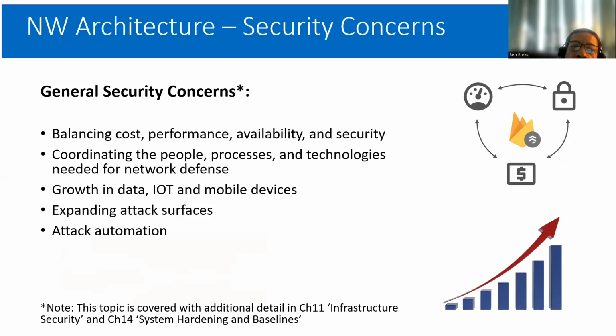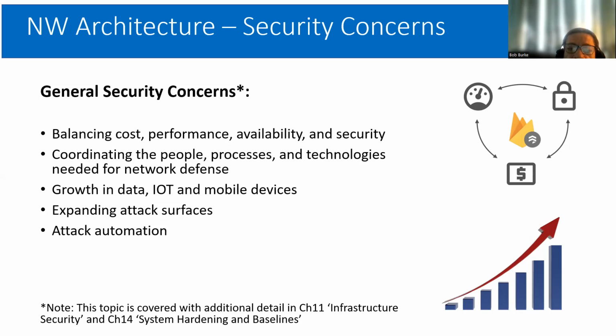All right, general concerns with the network we talked about earlier. You got to balance all the functionality you want against the cost and the security. So that's a game where you determine what's the risk of having a less secure network if we need more functionality, if we need lower costs.